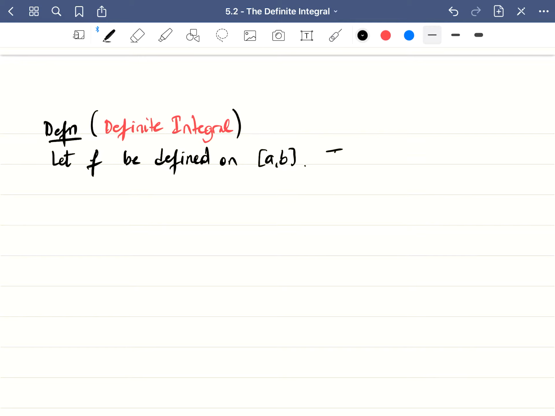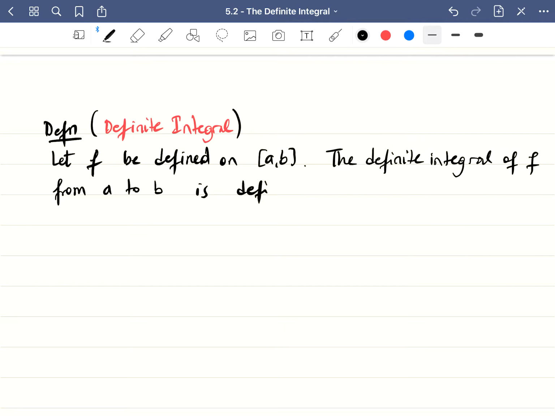Then the definite integral of f from a to b is given by, okay, so the notation is this integral sign, you put a and b, and then f of x dx.